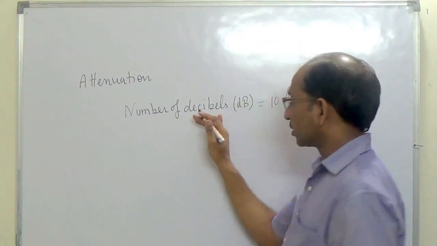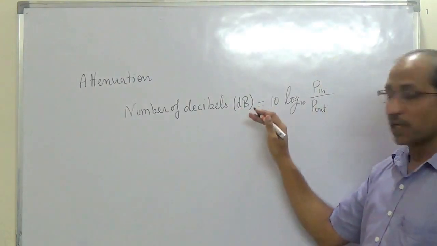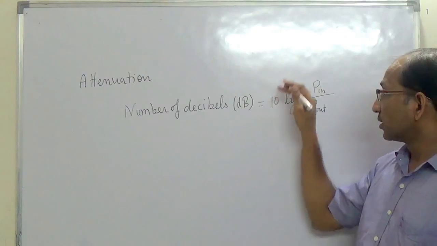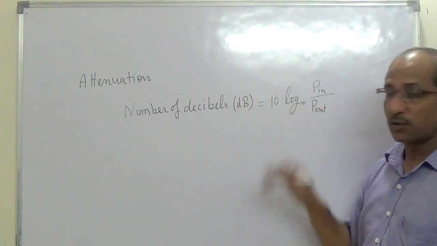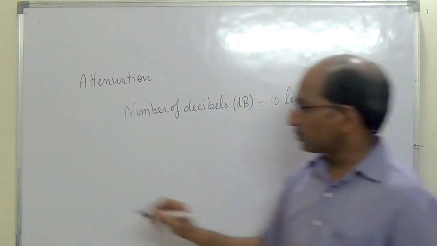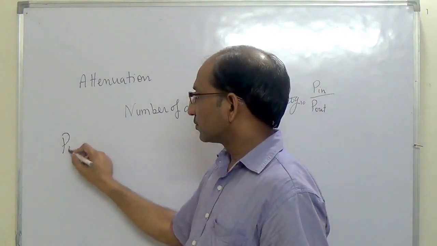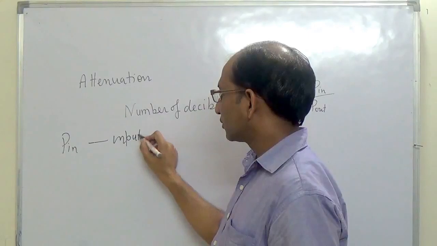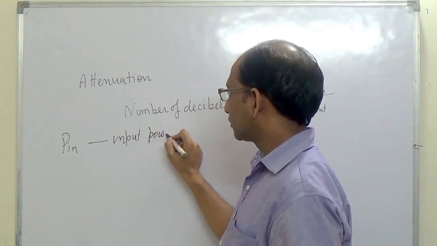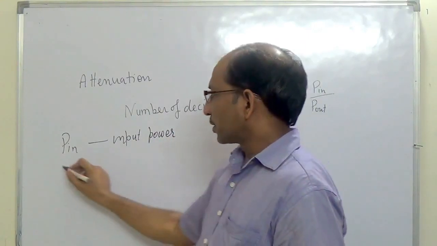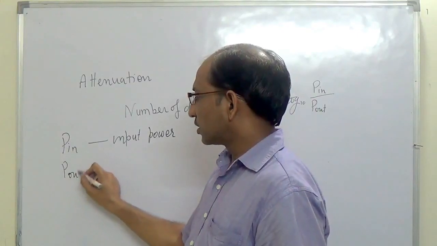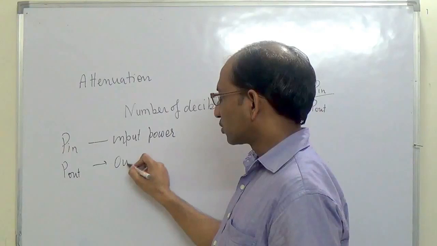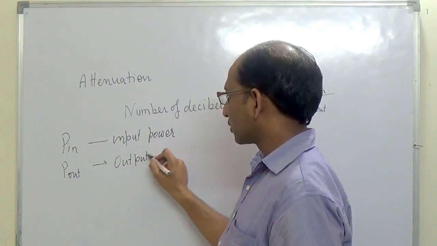Number of decibels is equal to 10 log base 10 of P input and P output, where P input is the input power, and P output, the power of the signal emerging, is the output power.